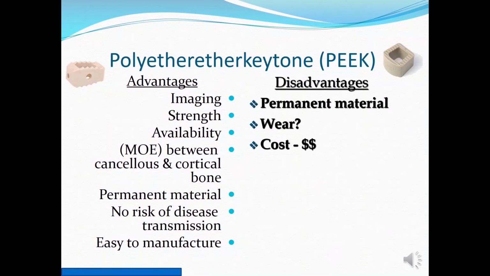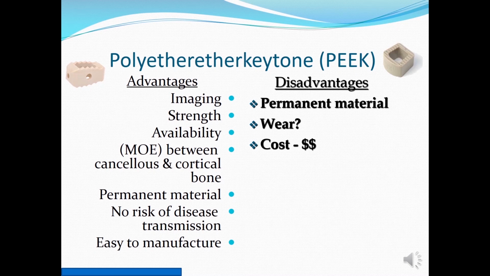What about the PEEK? It is a polymer, polyethylene ether ketone. It is used in cages, sometimes in rods. It's radiolucent, and in imaging, whether MRI or plain X-rays, it is friendly.